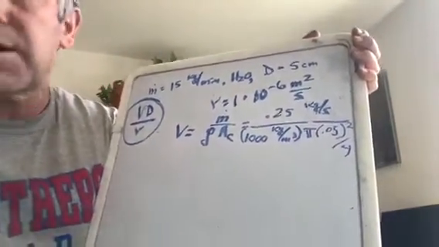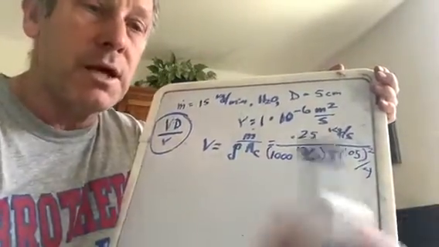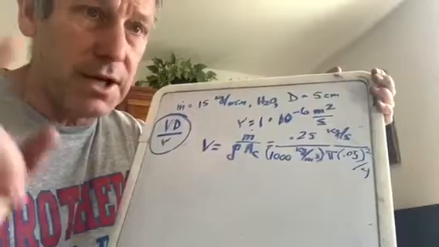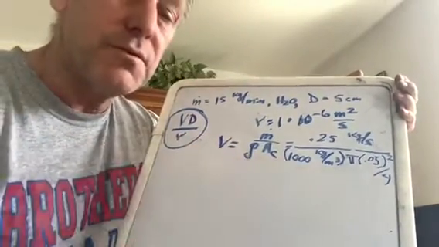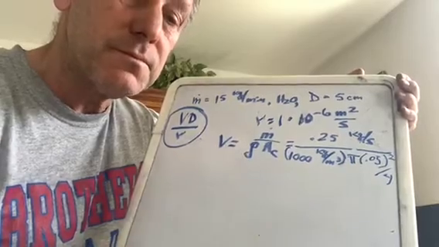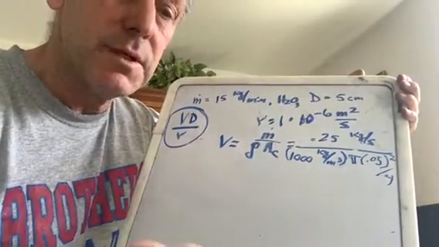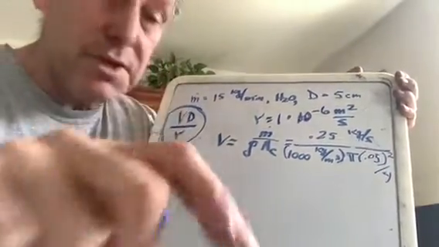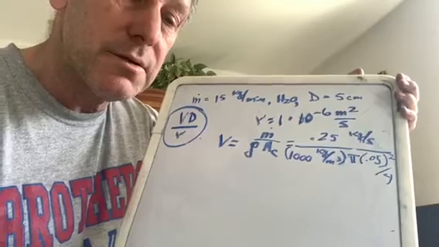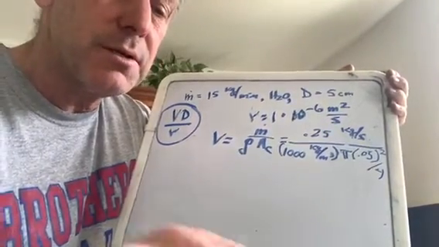So good exercise. Let's see how that speed turns out, and think about whether that really makes any sense. I'm trying it myself on the calculator really quickly. I encourage you to do the same. So 0.25 divided by 1,000 divided by pi, and then I've got to divide by 0.05 squared. That 4 comes up to the numerator.